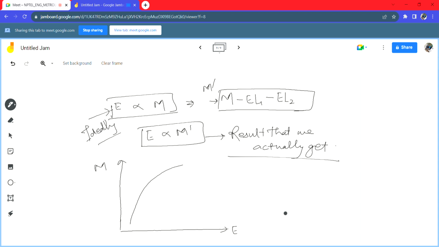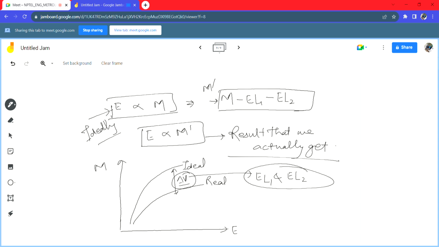We typically end up somewhere here, with this delta V or delta E kind of error that corresponds to EL1 and EL2.